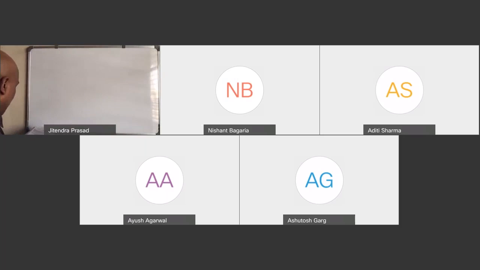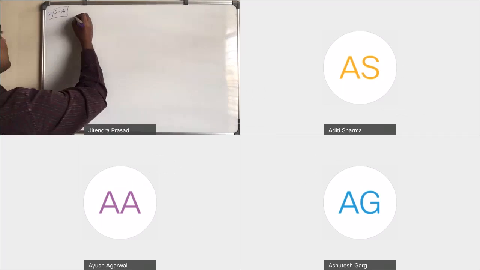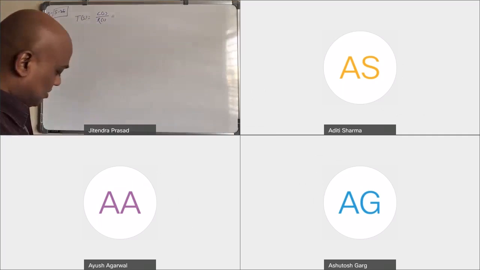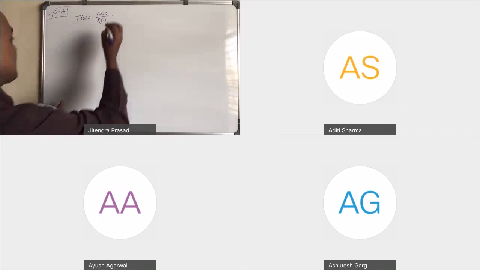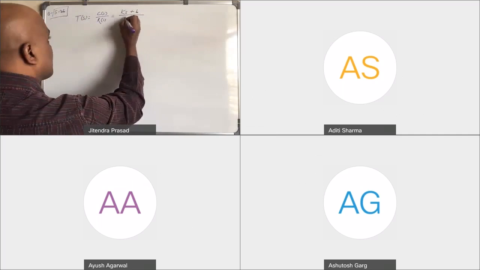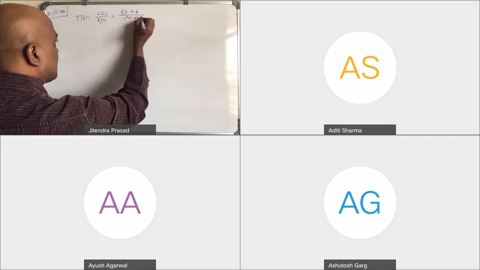Okay, so let's look at B26. Here it says a unity feedback control system with closed loop transfer function T(s) equals C(s) over R(s) equals (as plus b) divided by (s squared plus as plus b).